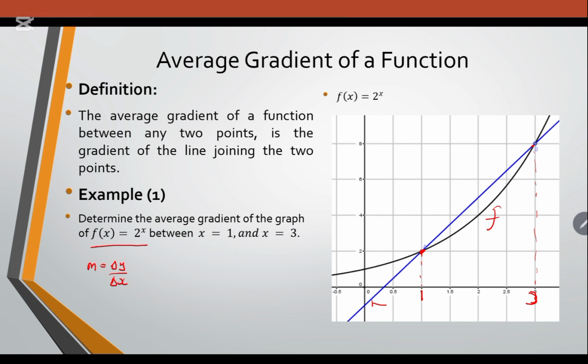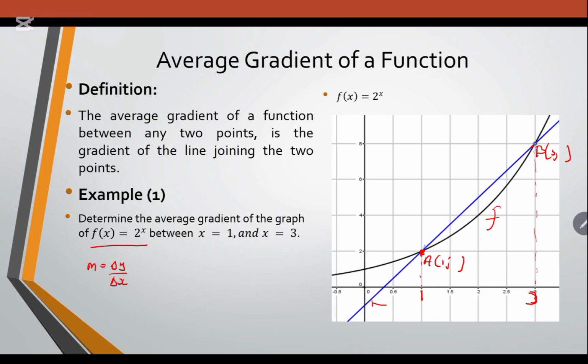But what do we know? The only thing we know here is the value of x here is 1 and the value of x here is 3. So this point is called A and that point is called B. What are the coordinates of point A? The x-coordinate of point A is 1 and we must look for the value of y. The value of x here is 3 and we must look for the value of y.